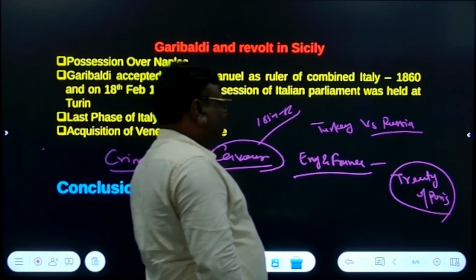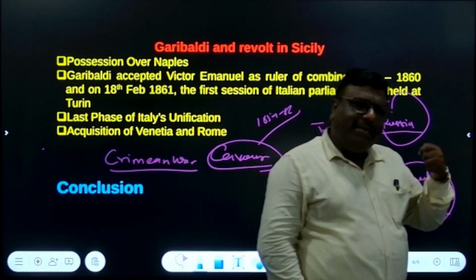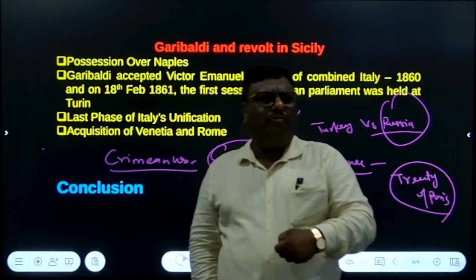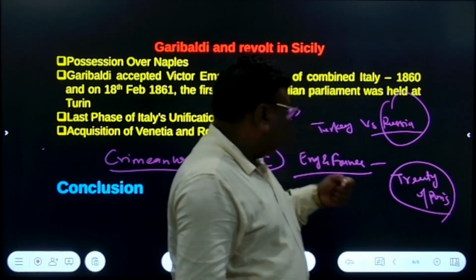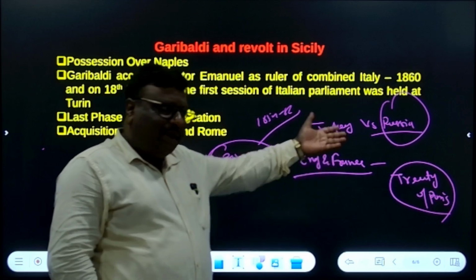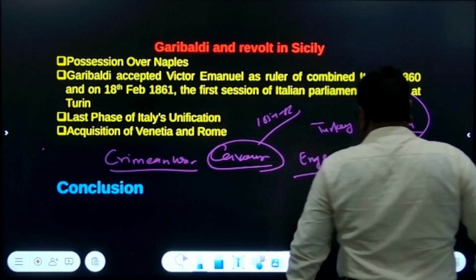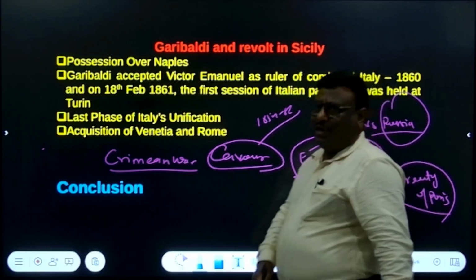Cavour thought that if he supported Russia, Russia would never give the support to Cavour against Austria, because Russia was also monarchist. Correct? But England and France were not monarchists.